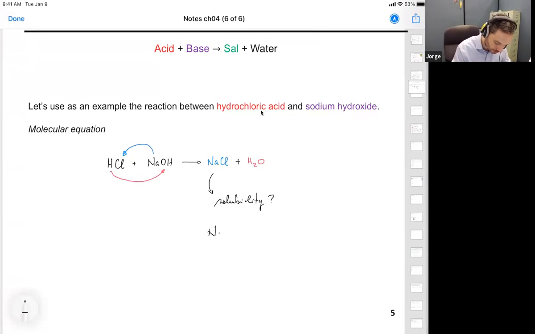So let's look here, sodium chloride, okay? So we have here sodium plus, which is group 1, or we have Cl minus, which is group 17. So let's see what we are going to find in the solubility table, and that's going to be enough to determine the solubility.